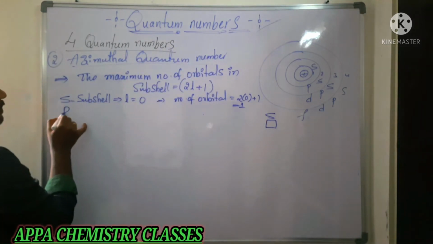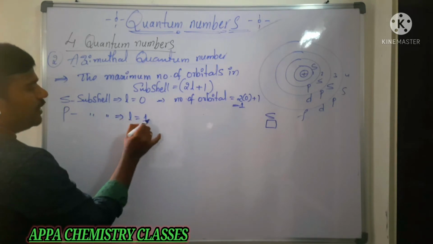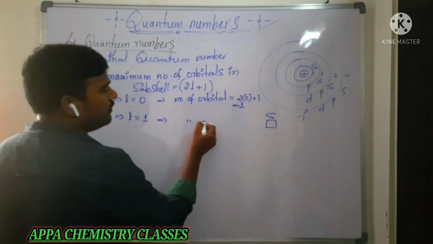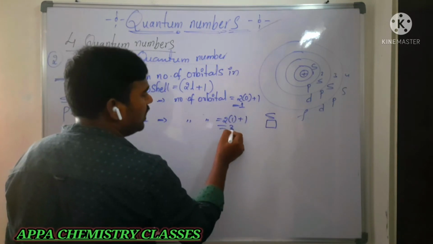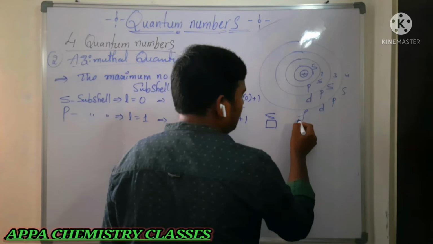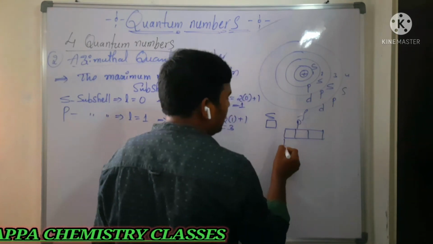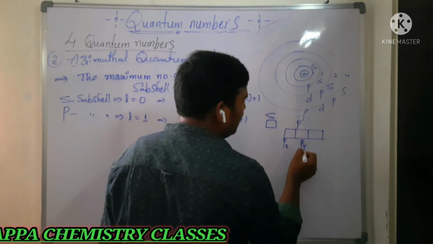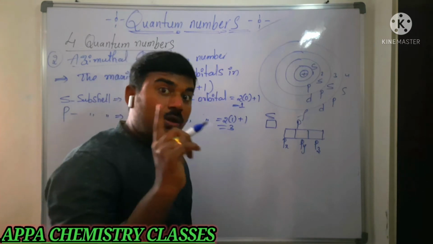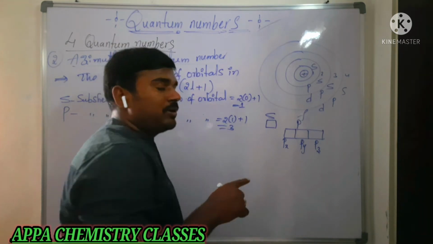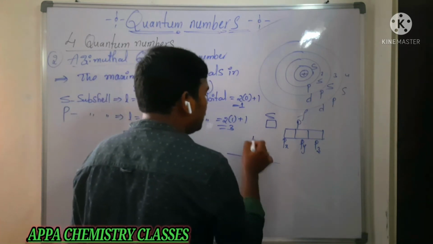Now you take the P subcell. For the P subcell, what is the L value here? Only 1. So the number of orbitals in the P subcell will be 2 into 1 plus 1, that is 3 orbitals. The P subcell contains 3 orbitals. What are those? Px orbital, Py orbital and Pz orbital. Px orbital is orienting along the x-axis, Py orbital along the y-axis, Pz orbital along the z-axis.